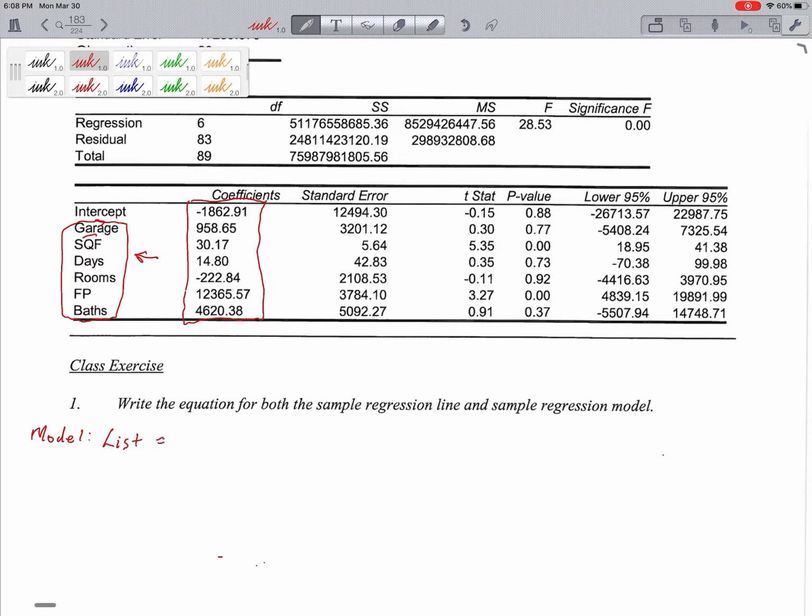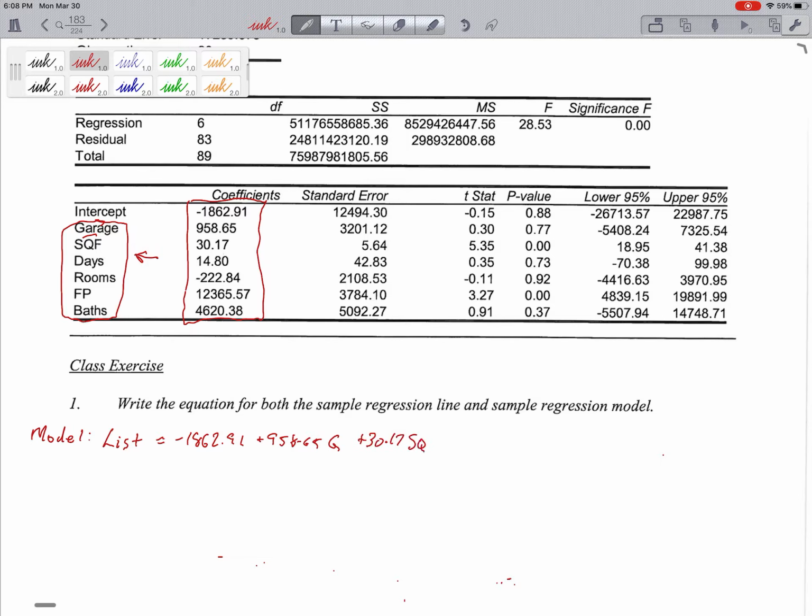The actual listing price of a house is equal to minus 1862.91, which is the intercept, plus 958.65 times garages. And I'm just going to use, instead of X's, just the names or a symbol for the variable.